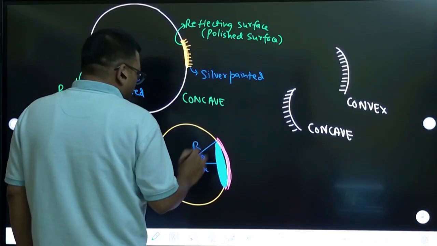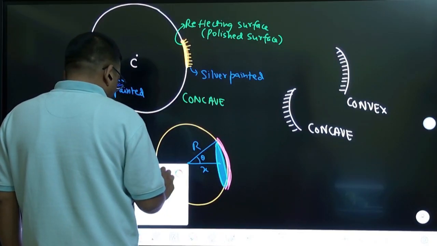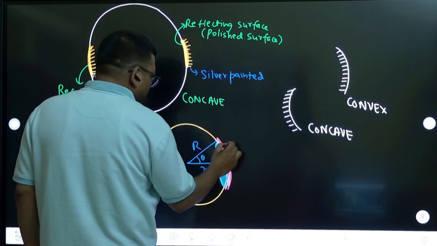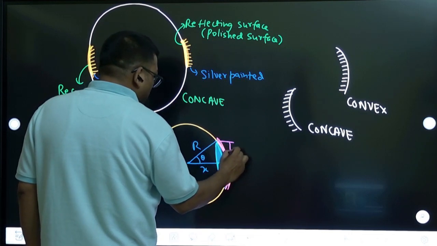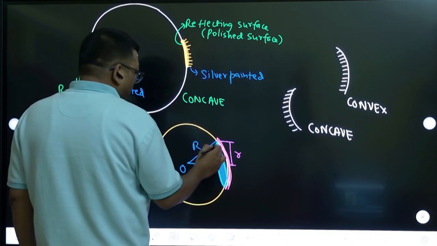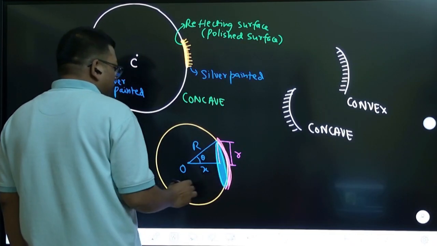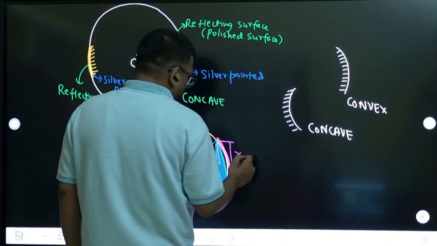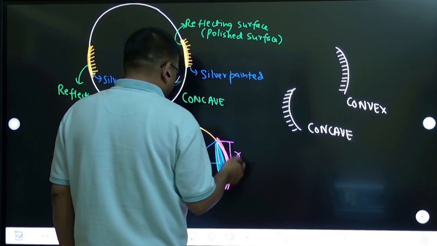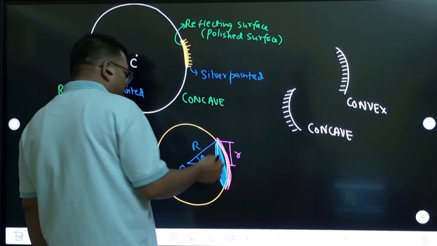The radius of this circular disk is, let us say, small r. That is called the radius of the aperture, or sometimes the size of the aperture. The diameter of the aperture means 2r.